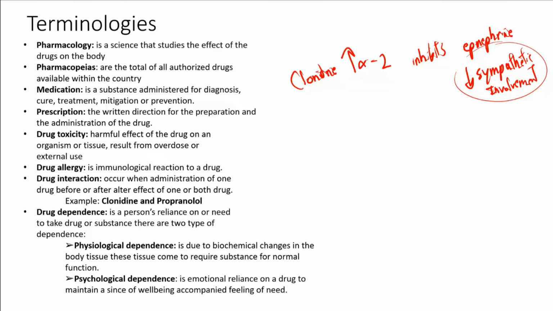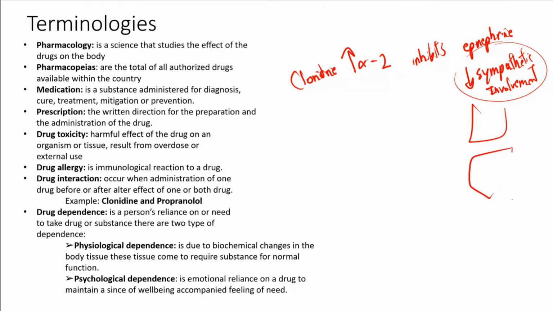So when Clonidine is acting on the adrenergic receptor, you're inhibiting epinephrine synthesis also. This means that there's less epinephrine in the synaptic cleft.